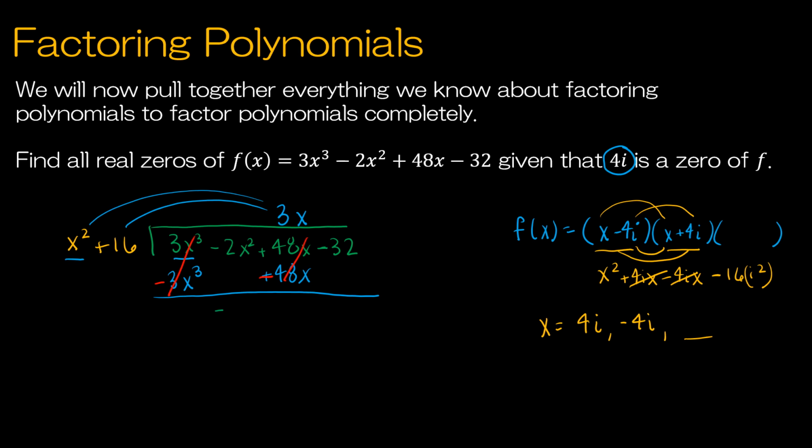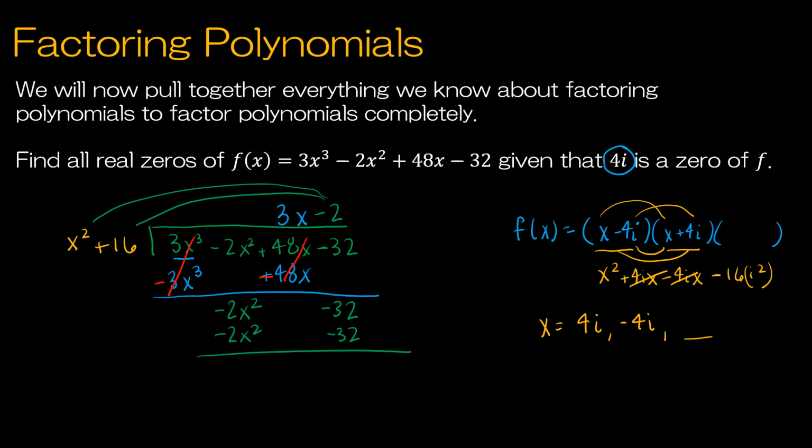I'm going to bring down the negative 2x squared and bring down the minus 32. And again, I'm going to focus on x squared and minus 2x squared. What would I multiply by x squared to get negative 2x squared? I would take it times negative 2. So negative 2 times x squared is negative 2x squared, and negative 2 times 16 is negative 32.